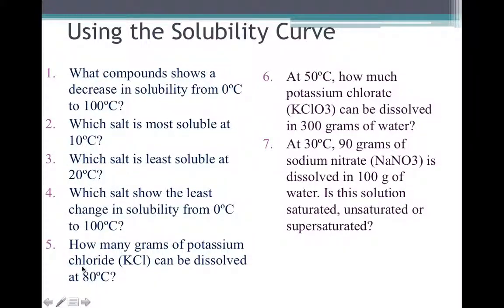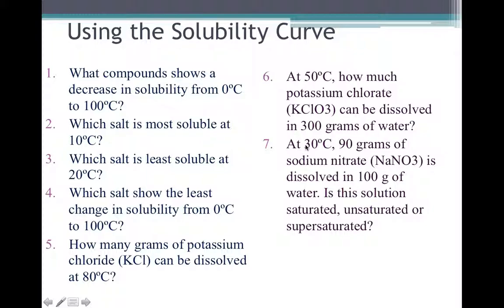Okay? Now the last one, at 30 degrees Celsius, 90 grams of sodium nitrate is dissolved in 100 grams of water. Is this solution saturated, unsaturated, or supersaturated? So we're going to plot this point where it is on the graph. At 30 degrees Celsius, 90 grams of NaNO3.